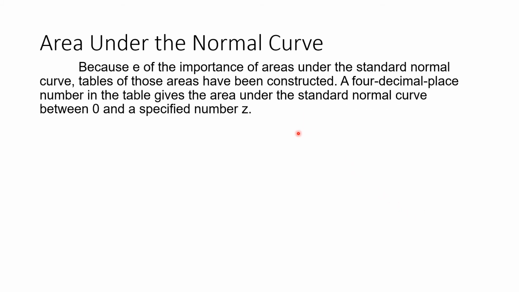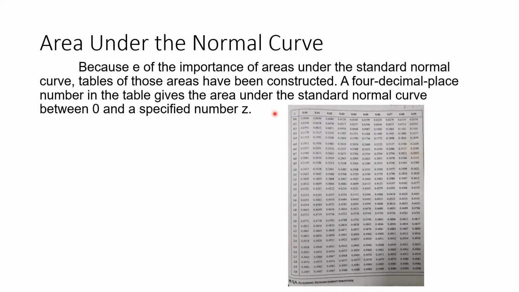Let us now talk about the area under the normal curve. Because of the importance of areas under the standard normal curve, tables of those areas have been constructed. A 4 decimal place number in the table gives the area under the standard normal curve between 0 and a specified value of z, or the z-score.